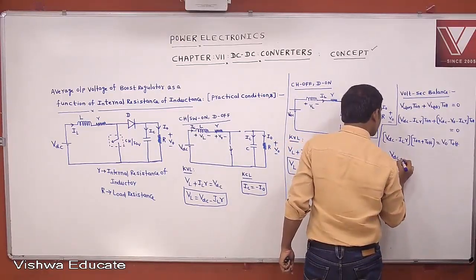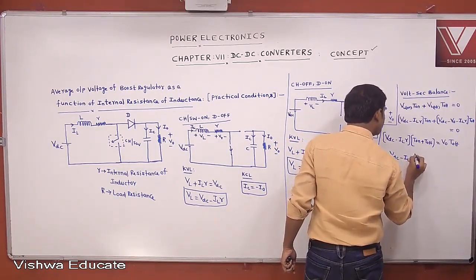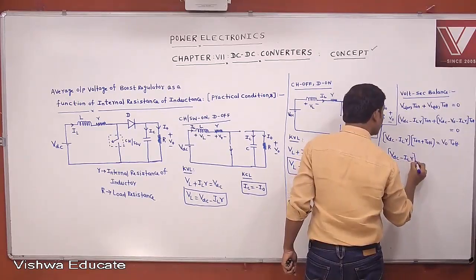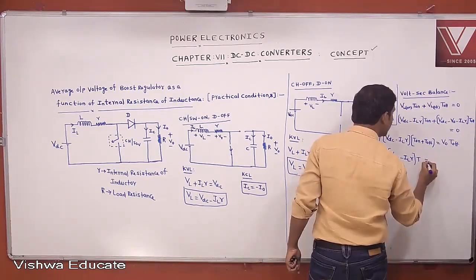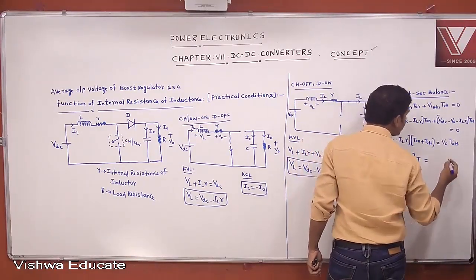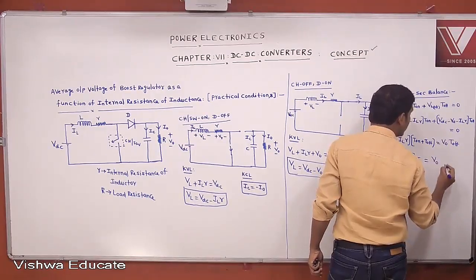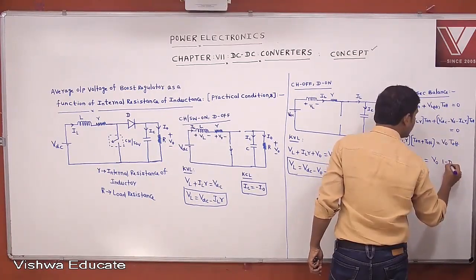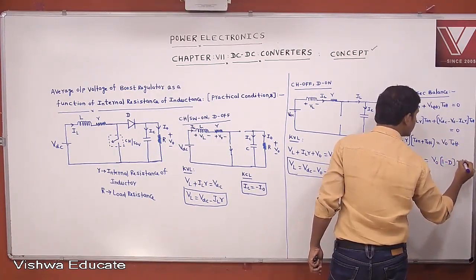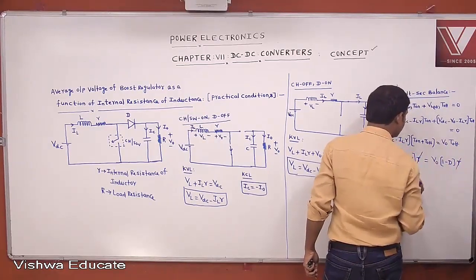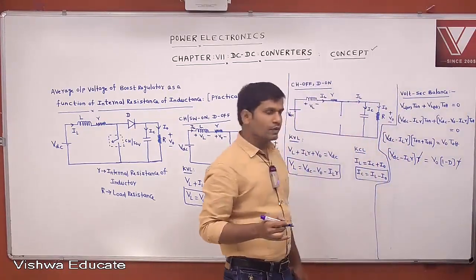VDC minus IL into R, T on plus T off is T. What is V naught, you tell me? V naught into, how to write T off? 1 minus D into T. Okay, this T cancels.